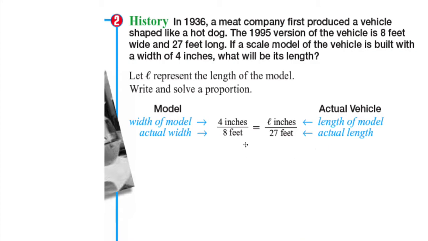After that proportion has been created, this side of the proportion indicates our model, and the right side indicates the actual vehicle.